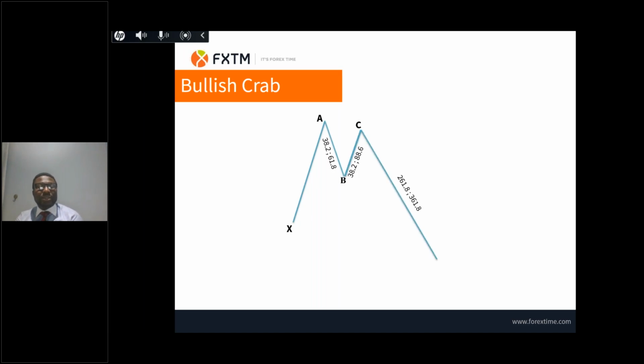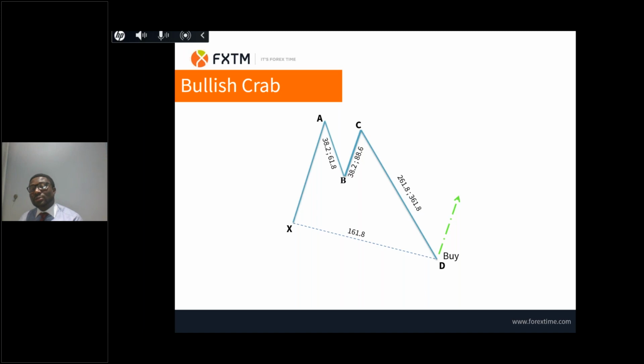You can see this with a lower top. A is a higher top and C is a lower top. B is a lower bottom and D is a lower bottom.